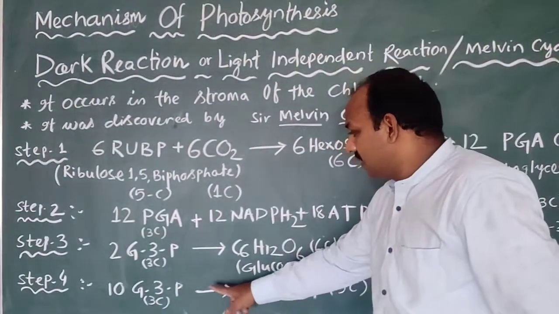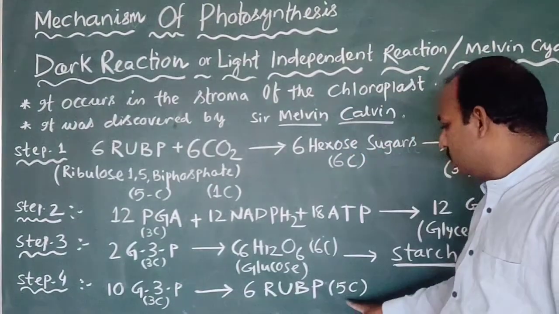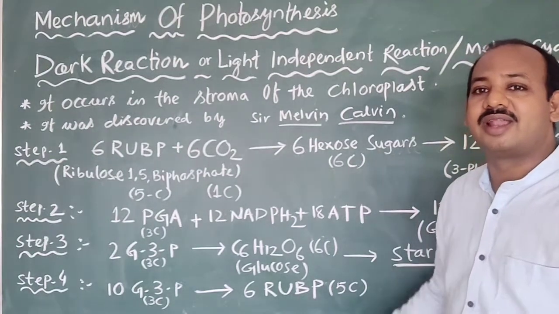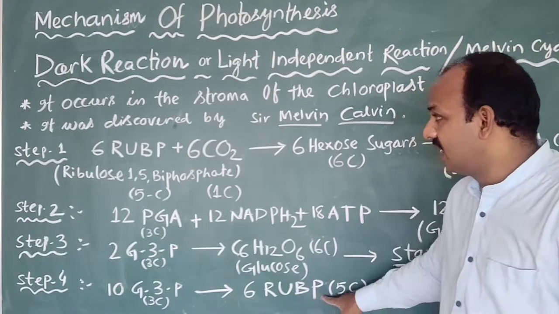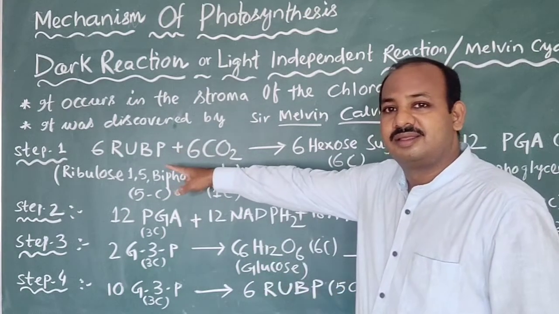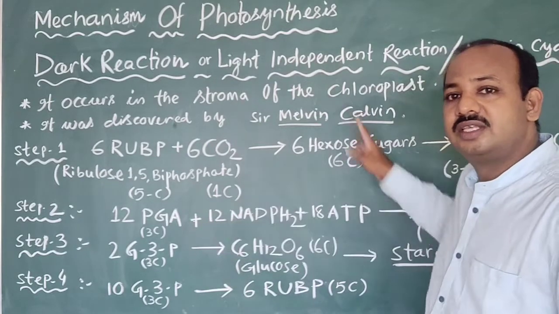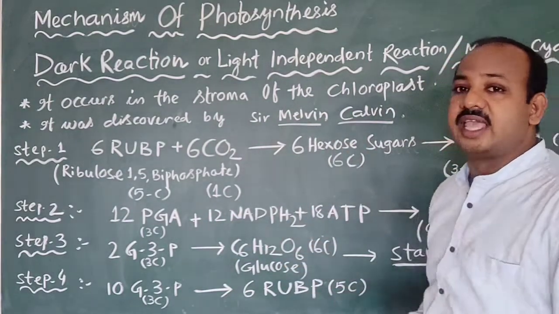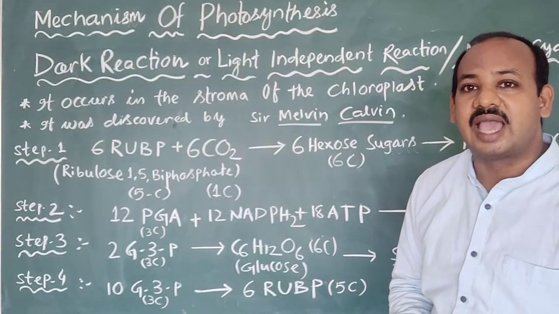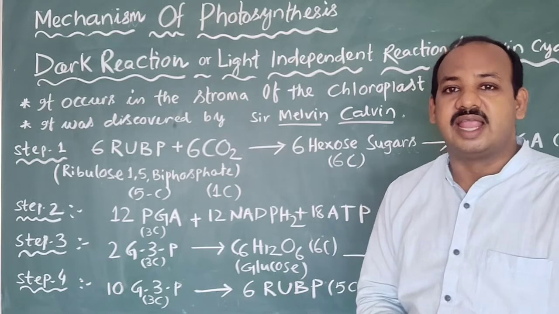And the 10 molecules of glyceraldehyde 3-phosphate produce 6 molecules of ribulose 1,5 biphosphate, so that it can again fix 6 molecules of carbon dioxide and continue the cycle. This cycle is called the Calvin cycle, named after the scientist.